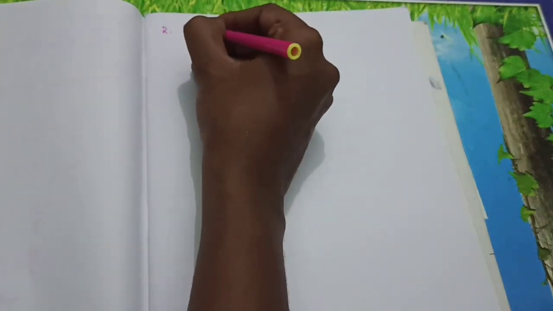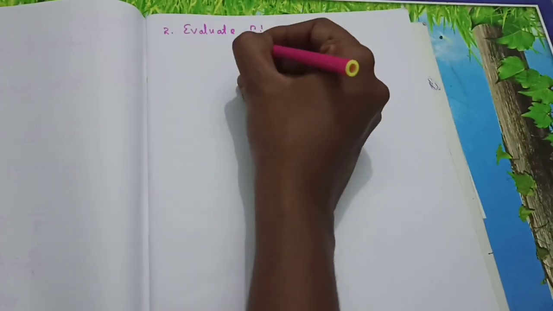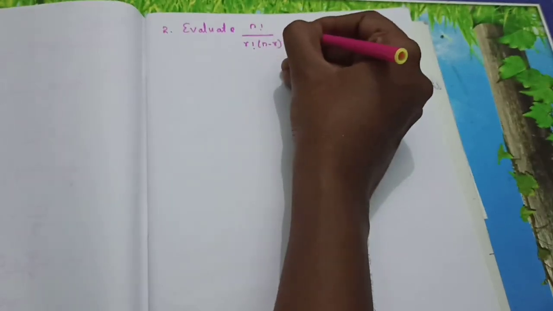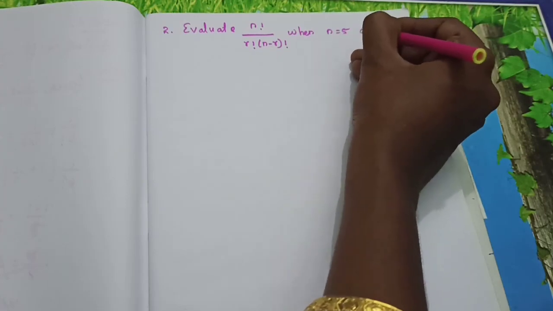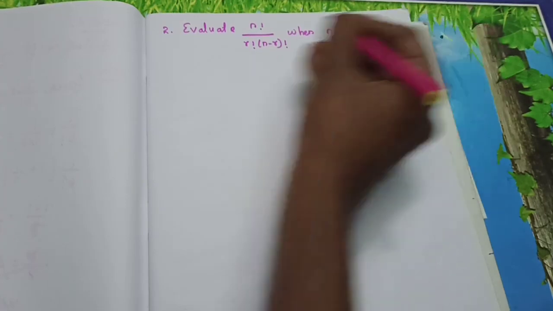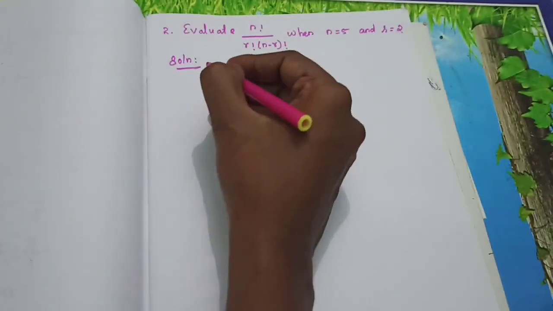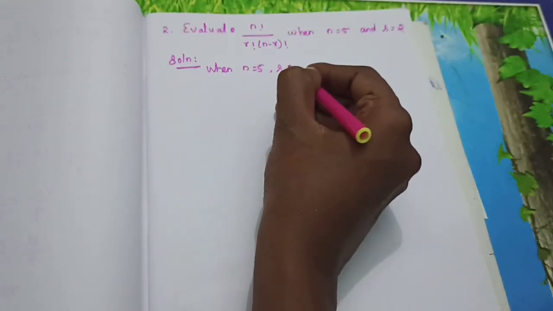Second question. Evaluate n factorial by r factorial into n minus r factorial when n equals 5 and r equals 2. Solution. Here they gave n equals 5, r equals 2.